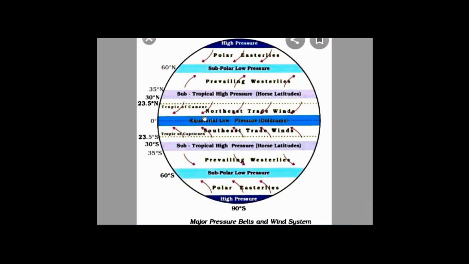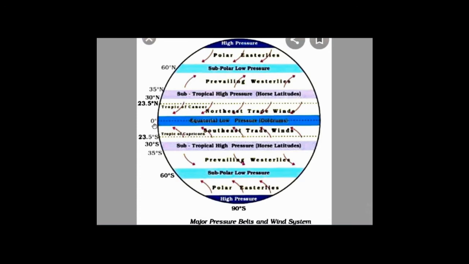First I will discuss this equatorial low pressure belt. First we need to understand its location. It extends from 5 degrees north to 5 degrees south.